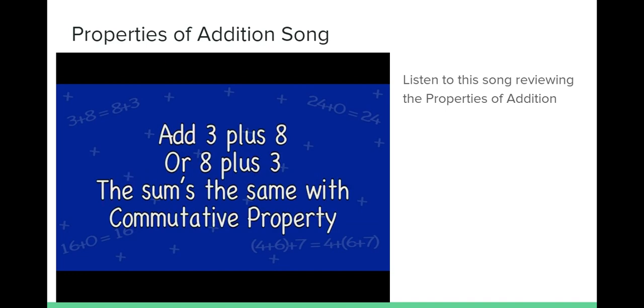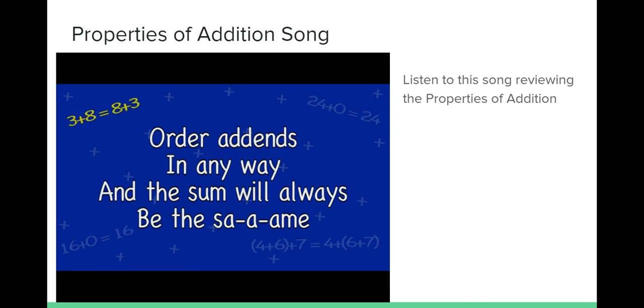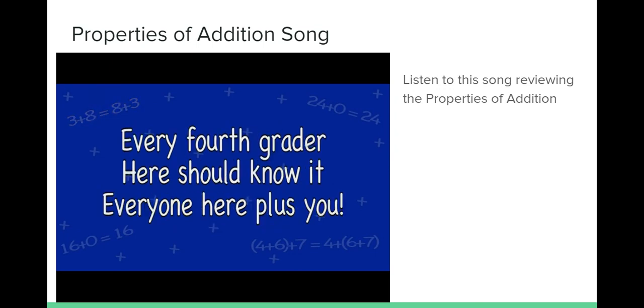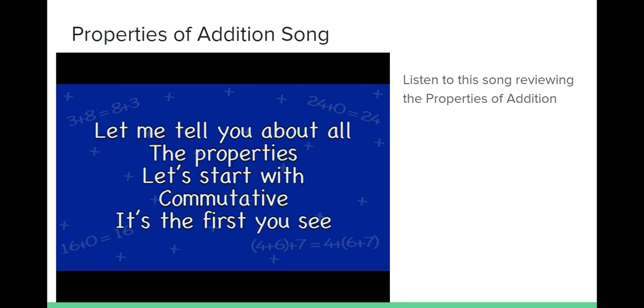Add 3 plus 8, or 8 plus 3. The sum's the same with commutative property. Order addends in any way, and the sum will always be the same. Every fourth grader here should know it. Let me tell you about all the properties. Let's start with commutative.